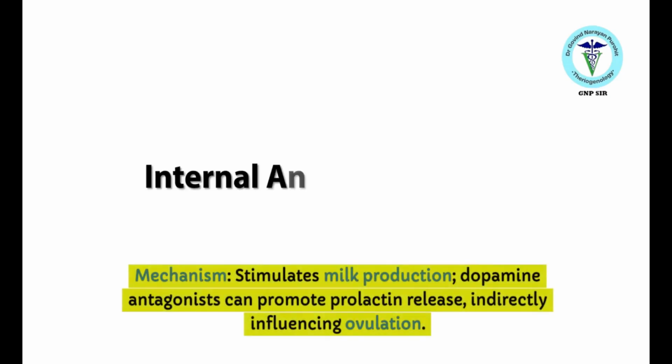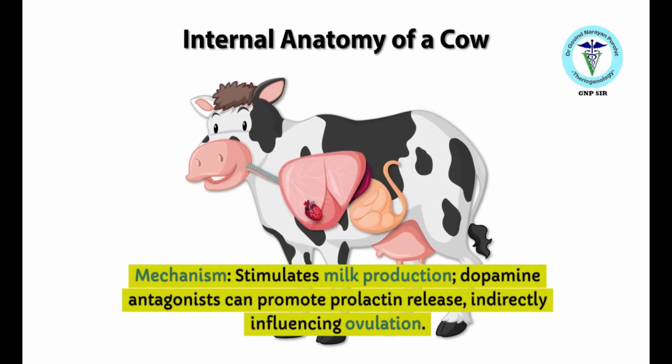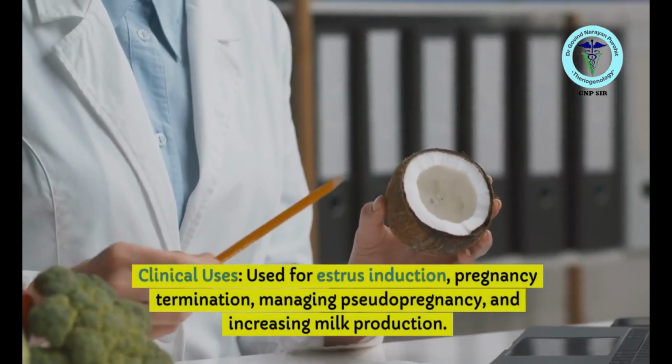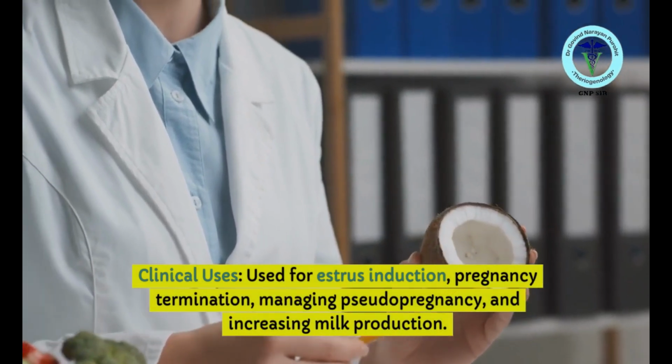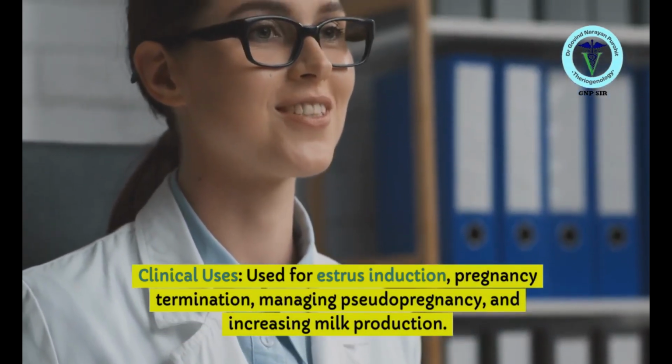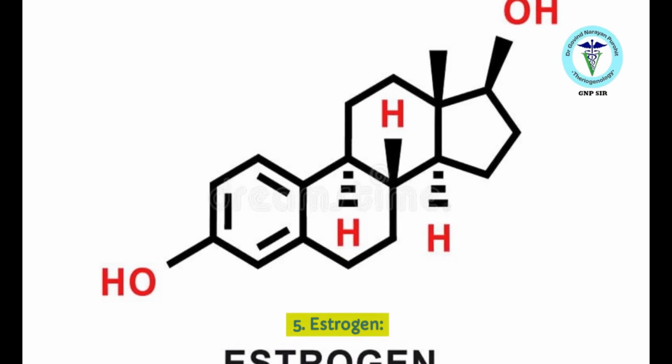Prolactin stimulates milk production, and dopamine antagonists can promote prolactin release indirectly, influencing ovulation as well. Clinical uses could be estrus induction in dogs with antiprolactins, pregnancy termination, managing pseudo-pregnancy, and other uses in horses and dogs.